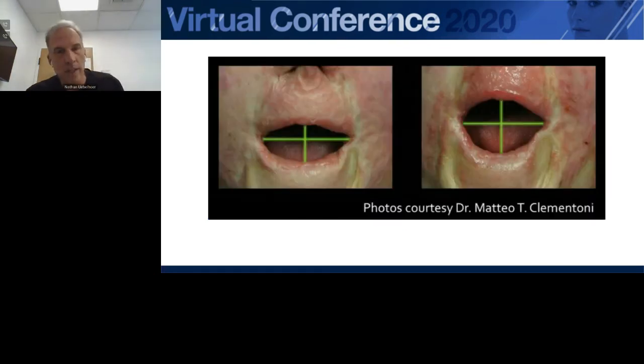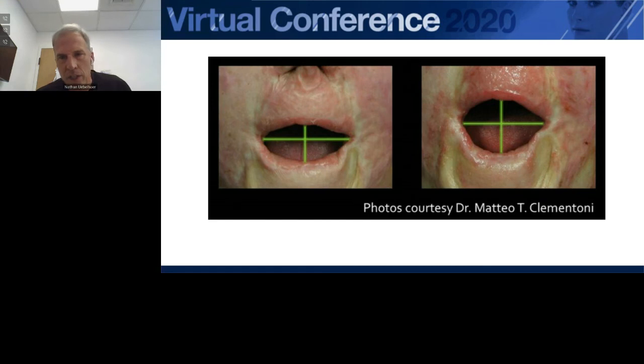We know that if you treat with the high energy, low density, we're going to get improved range of motion in these restrictive scars. And when we treat early, a lot of times we see that before the patient even leaves the room, as in this case.